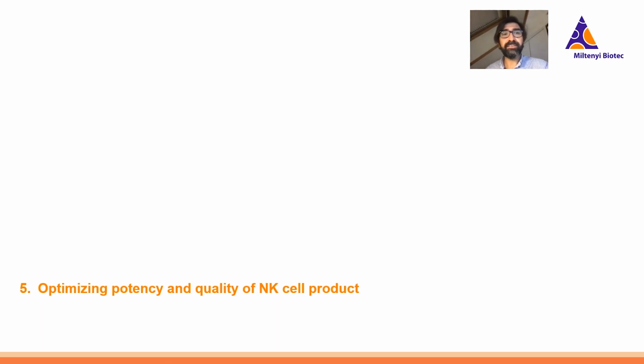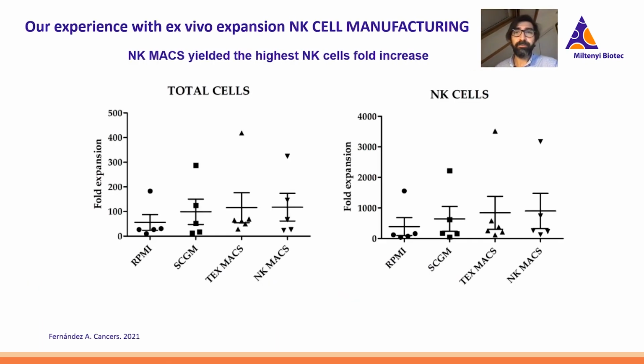Our experience optimizing the potency and quality of these NK cell products: we compared different media for expansion of NK cells, RPMI, stem cell growth medium, TexMACS, and NK MACS. Although we did not observe a statistical difference in the total number of expanded NK cells, NK MACS yielded the highest NK cell fold increase.